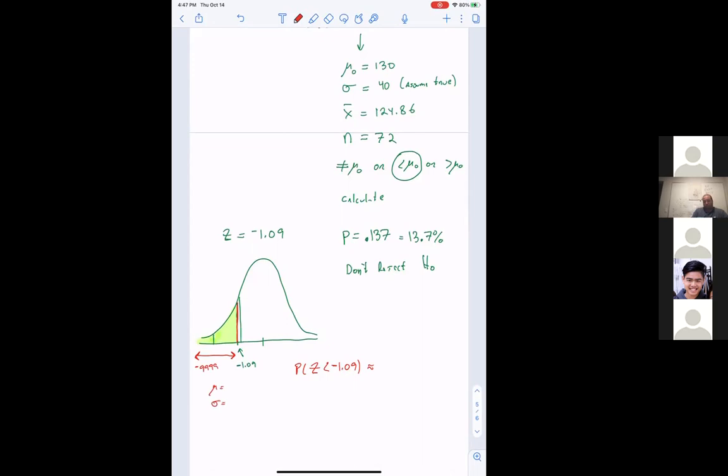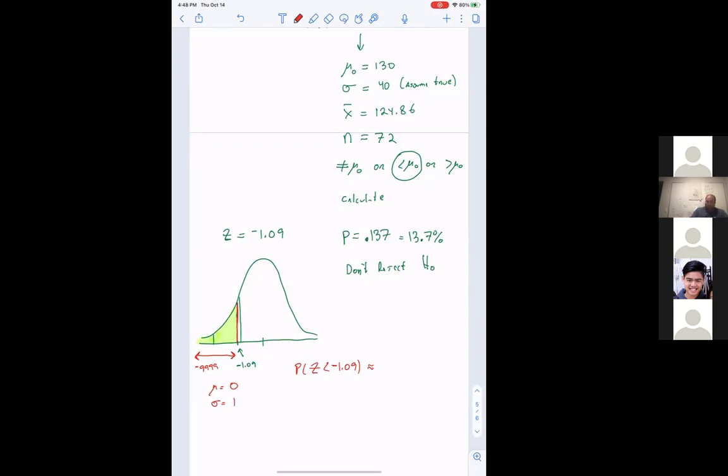What will I put in my calculator? Nope, it's 0. This is Z. Z doesn't care about this problem. Z doesn't care about any problem. Z is always a mean of 0 and a sigma of what?